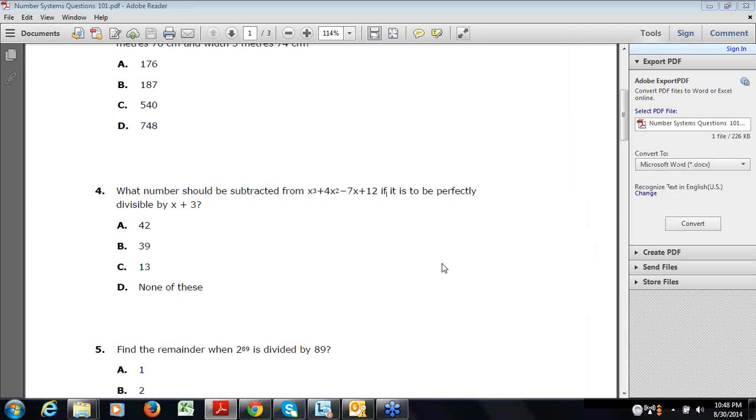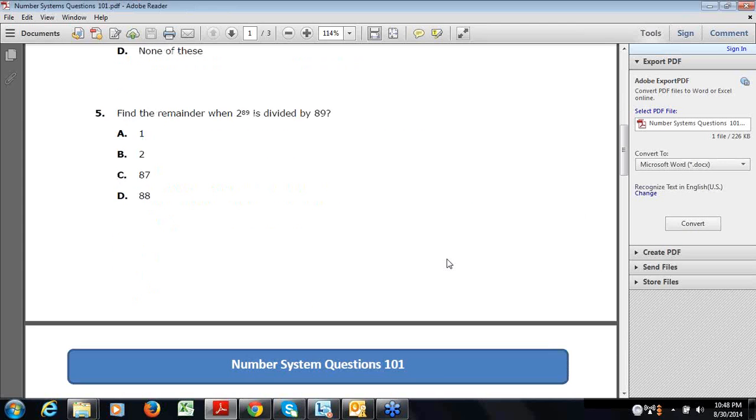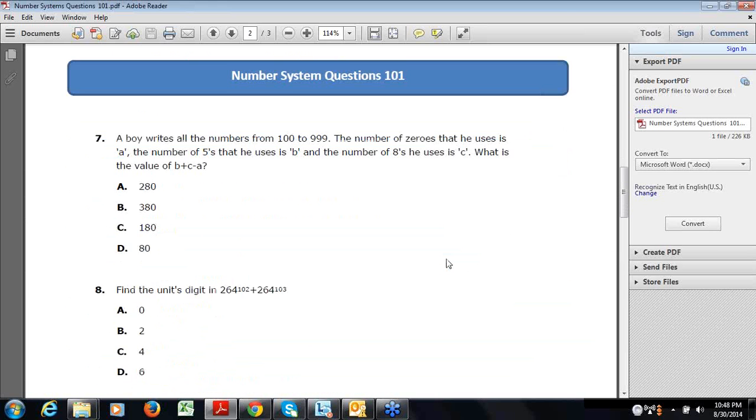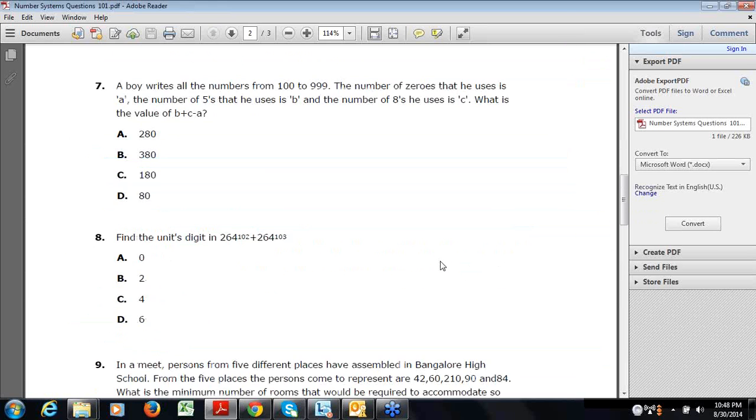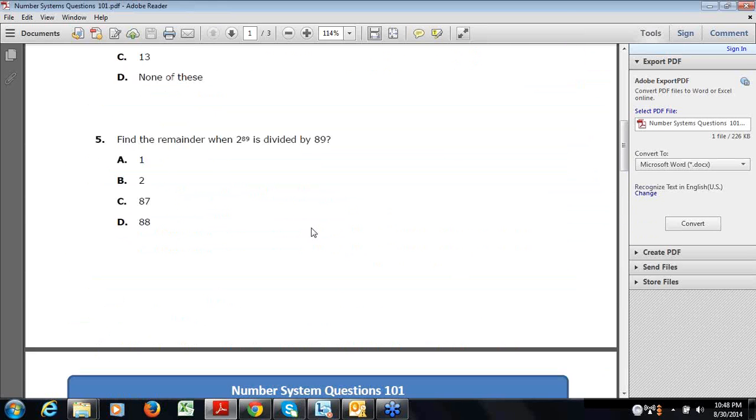Moving ahead. Question number 5, 7 and 8.